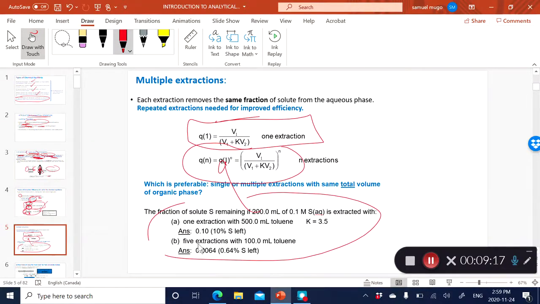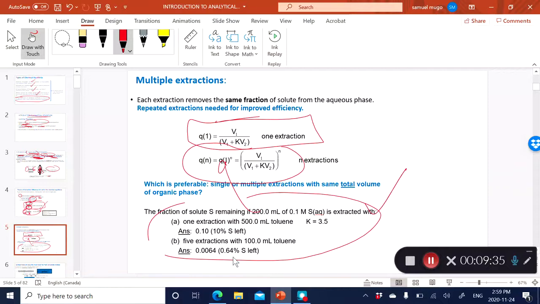Whereas if you did multiple extractions where n is equal to 5, and V2 in this case is equal to 100, and V1 is equal to 200, you're going to see that you've got extraction efficiency of close to 100%.